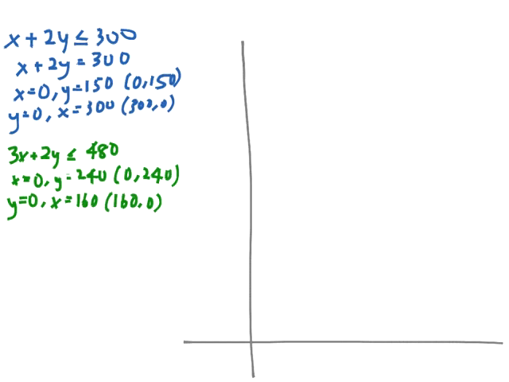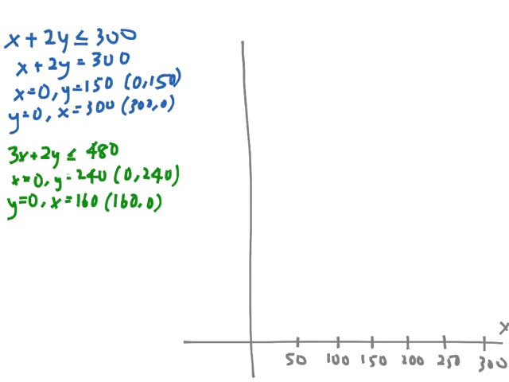For x, the highest is 300, so I will have 50, 100, 150, 200, 250 and 300. So this is x.